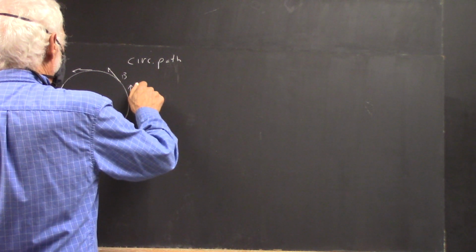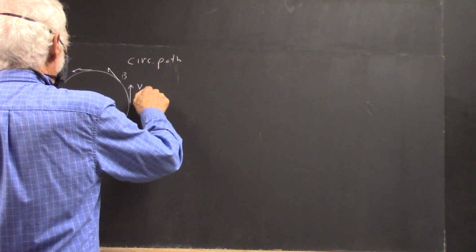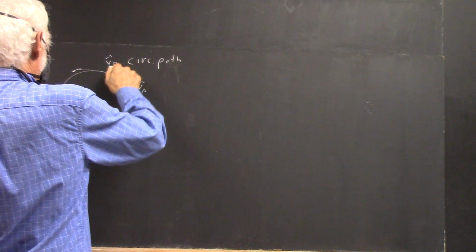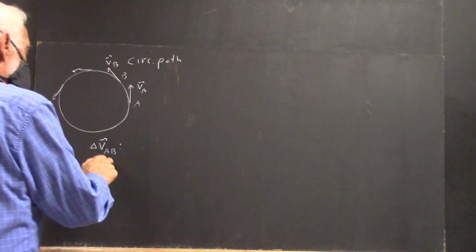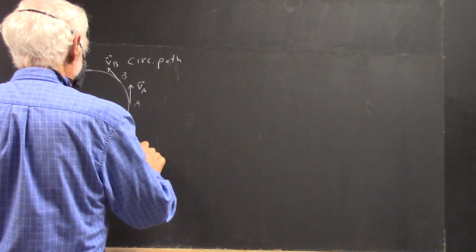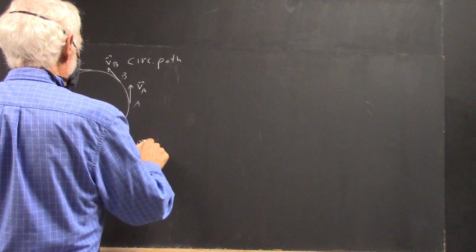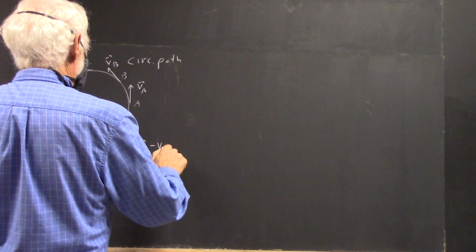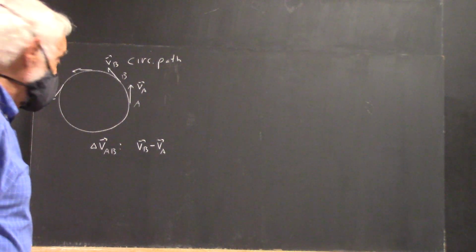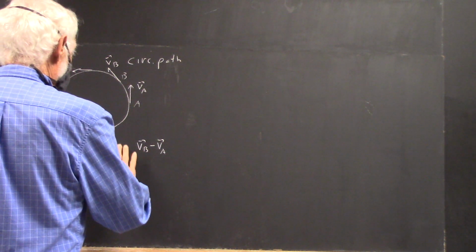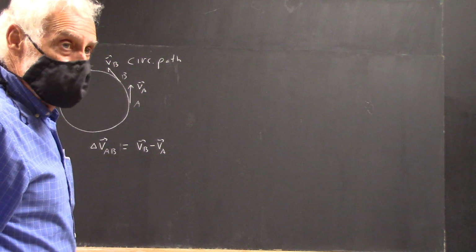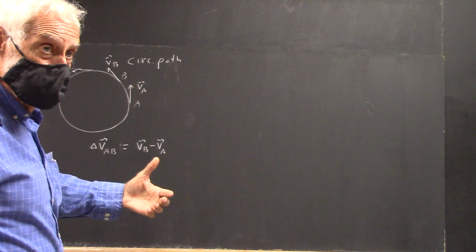Let's say this vector is the velocity at A, and this vector is the velocity at B. And the change in the vector velocity is, one way we can say it is the velocity at B minus the velocity at A. It's equal because that's a definition of a change from one point to another, right?